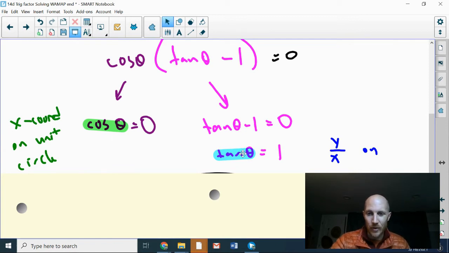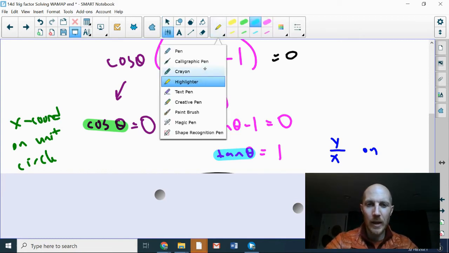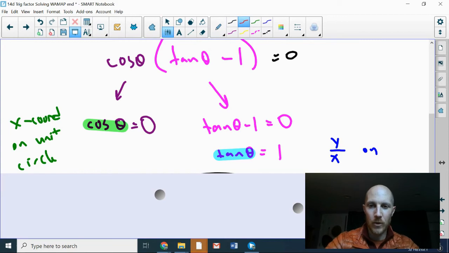And tangent is the y coordinate divided by the x coordinate as a fraction or division problem, either way. And the only way I'm going to be able to get y divided by x equal to 1 on the unit circle, just think about this for a moment, is the y coordinate and the x coordinate will need to be identical.